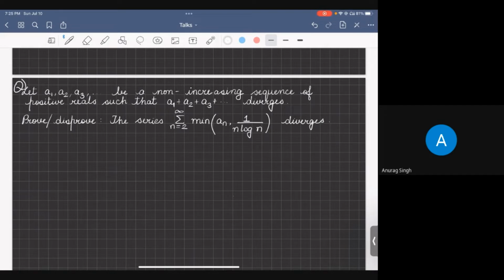Like ak will be some term ai after that, which is greater than some 1 by k log ai, which is greater than some 1 by i log i.